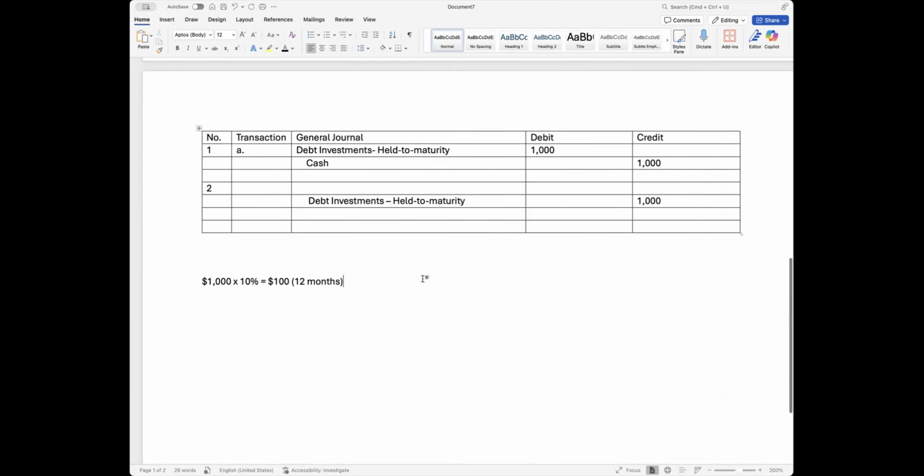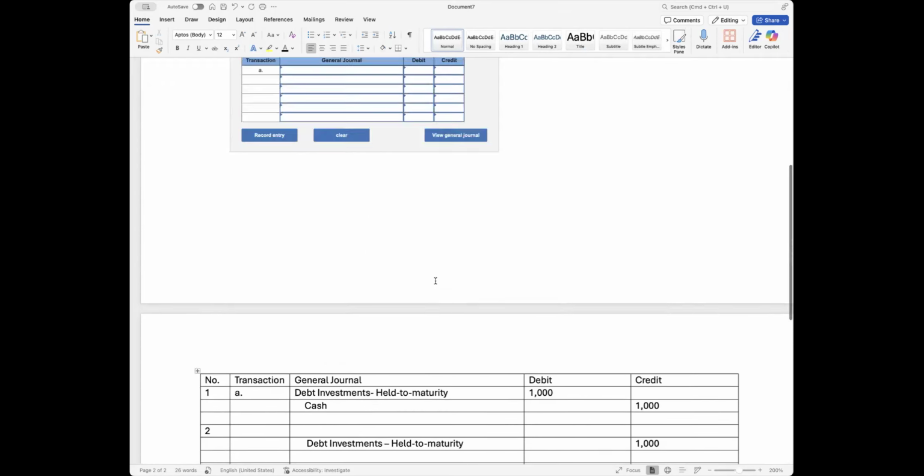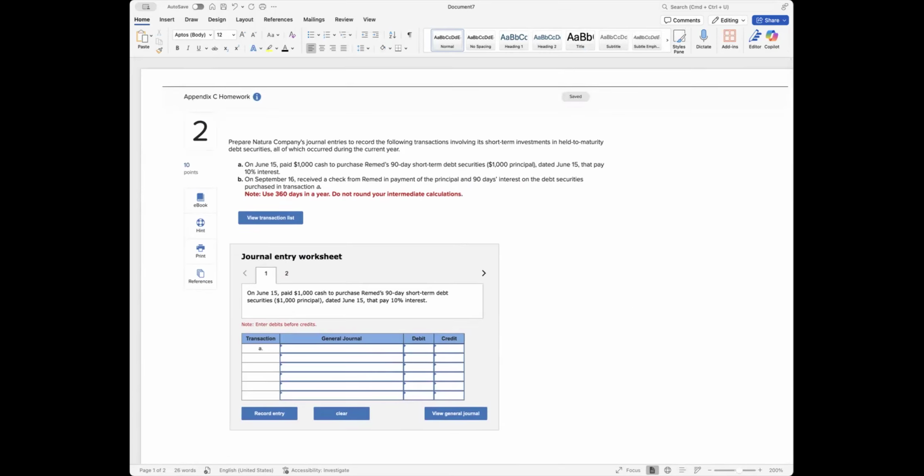So we need to calculate how much interest we're getting for those 3 months. So 3 months will be 90 days.